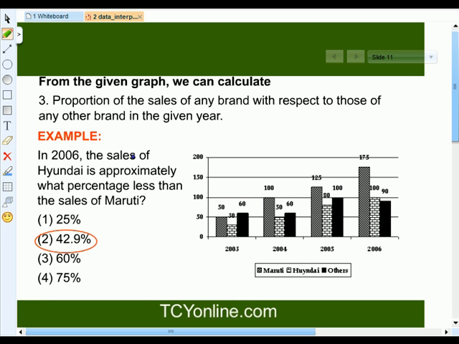Now the next question based upon this bar chart is: in 2006 the sales of Hyundai is approximately what percent less than the sales of Maruti? When you look at this bar chart we will find out the sales of Hyundai in year 2006, and that is simply 100,000, while the sales of Maruti in the same year is 175,000.